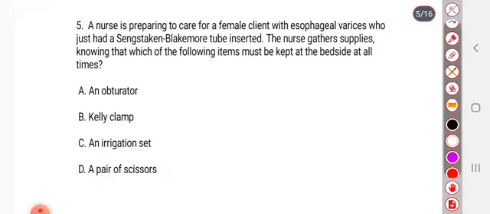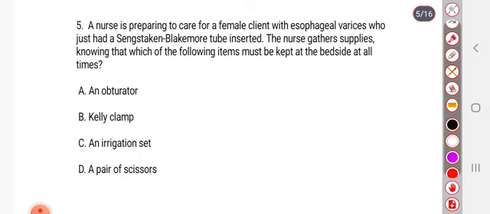a nurse is preparing to care for a female client with esophageal varices who just has a Sengstaken-Blakemore tube inserted. The nurse gathers supplies. Now which of the following items must be kept at the bedside at all times? नर्स सैंगस्टन ब्लैकमोर ट्यूब इंसर्ट के दौरान कौन से आइटम को बेड साइड पर रखेगी?